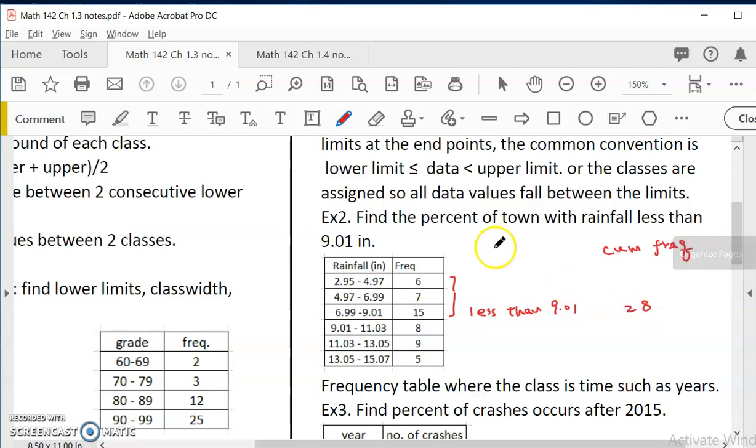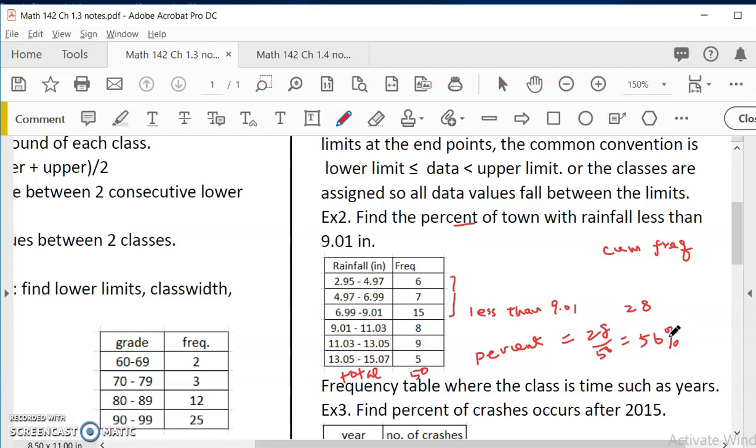But they ask for a percentage, so I need a total. Why don't I do a total here? How many rainfall readings did we collect? 6 plus 7 plus 15 plus 8 plus 9 plus 5. That is 50. Oh, a good number. So in terms of percentage, it would be 28 over 50, and that is 56%.